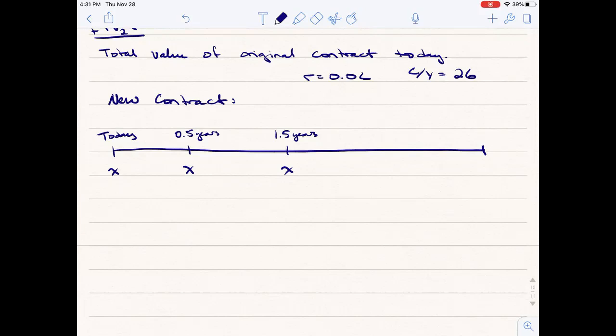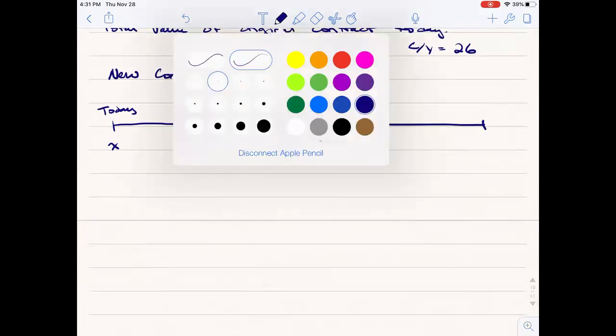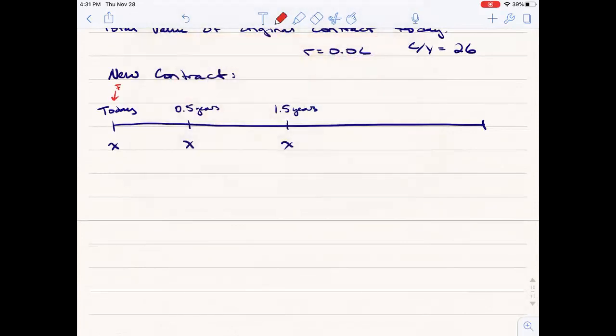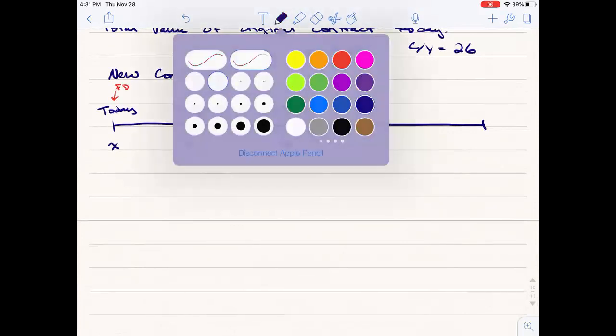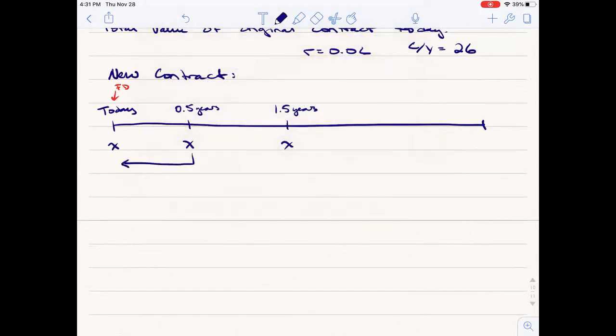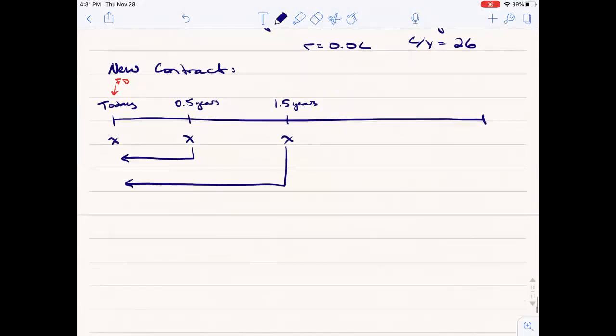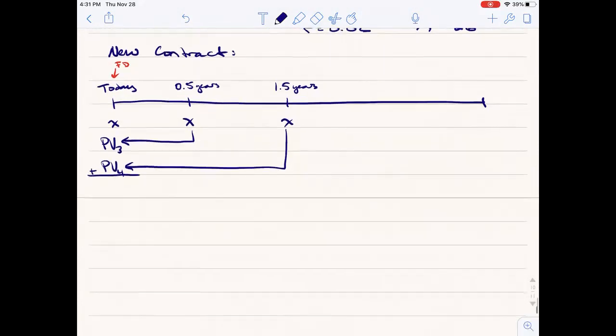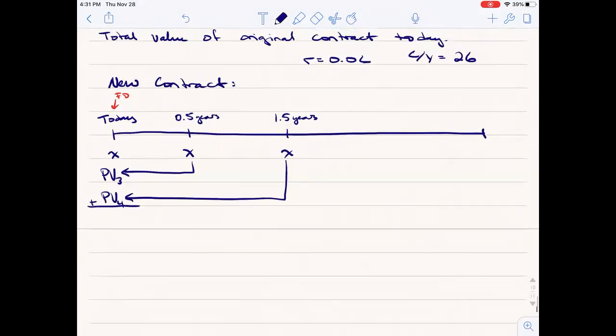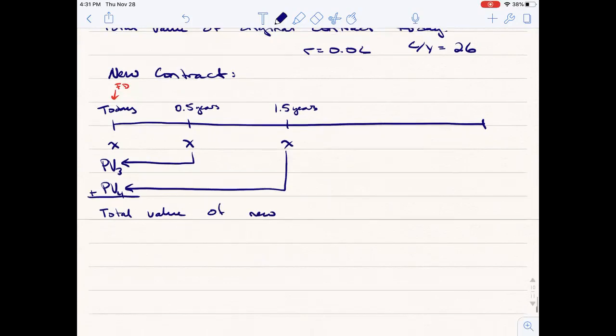All right. So using this as my focal date again, that means I'm going to pull this arrow back here and this arrow back here. This is going to be present value 3, let's call it, and present value 4. Add those up, including the X. We're solving for that amount, but this is the total value of the new contract today.